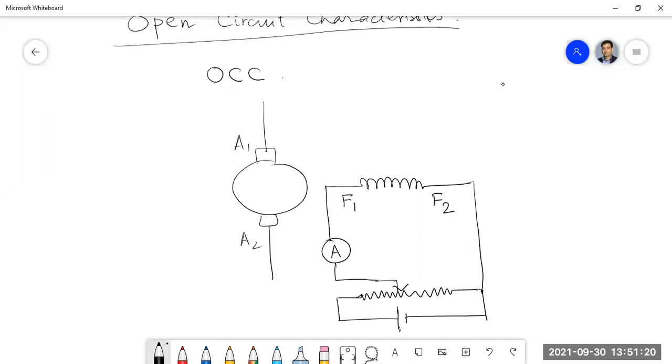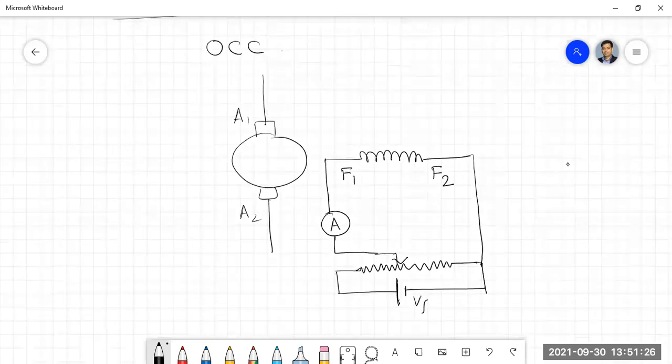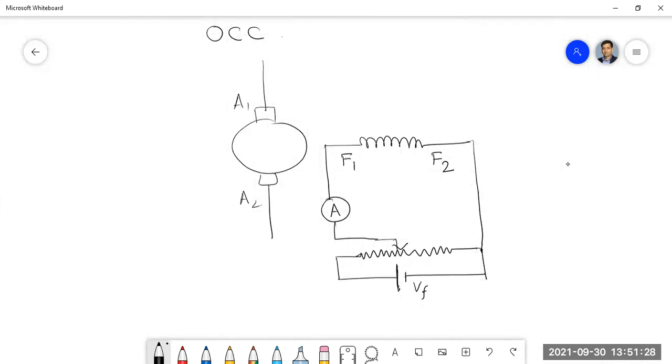So this is the voltage we are using for the field. And we'll measure the voltage across the armature. There is no load connected with the armature. The armature is purely open circuited, because a voltmeter offers very high impedance, so basically it's an open circuit.